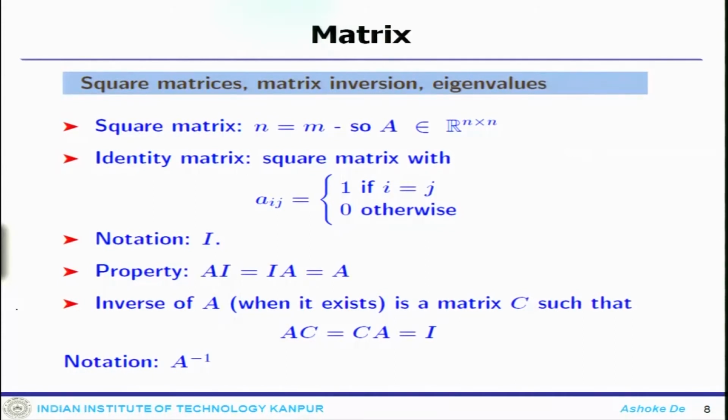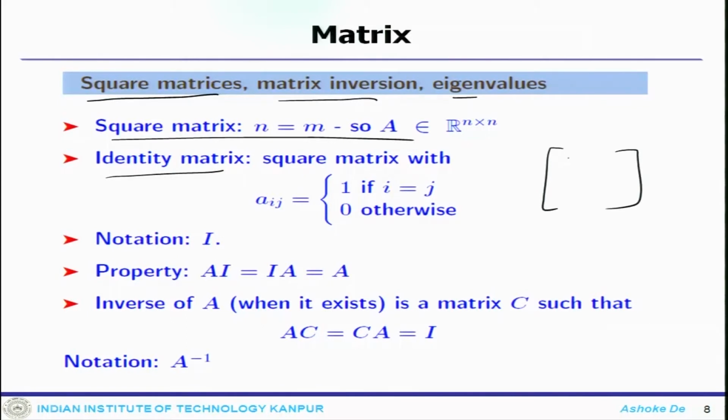Now, you come to the square matrix, which is one important case; as I already said, m equals n becomes a square matrix. Then there are matrix inversion and eigenvalues. The identity matrix, if you have a 2 by 2 or 3 by 3 system, has diagonal elements equal to 1 and all other elements 0.